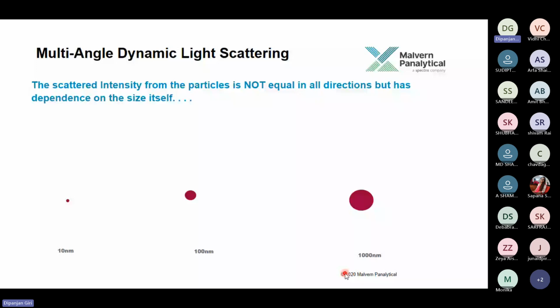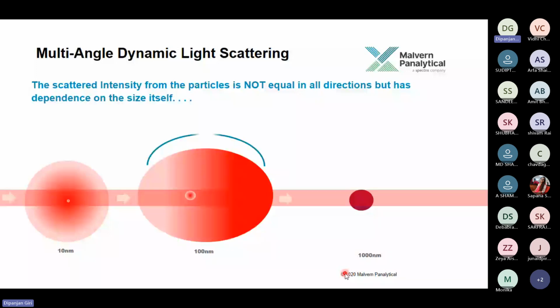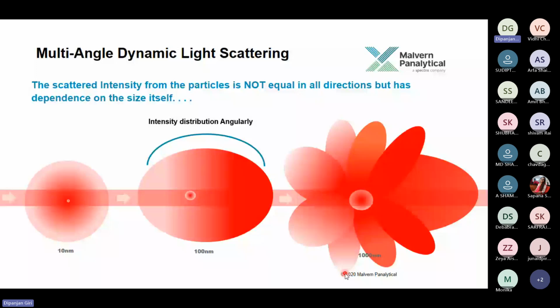In MADLS, we measure the intensity to estimate the Brownian motion and the size. If you see here, these are 3 different size particles, 10, 100, and 1,000 nanometers. Usually the 10 nanometer, the smaller size particle, is isotropic in scattering, but if it is 100 nanometer, it is biased towards the forward direction, and if it is 1,000, it is strongly biased in the forward direction.